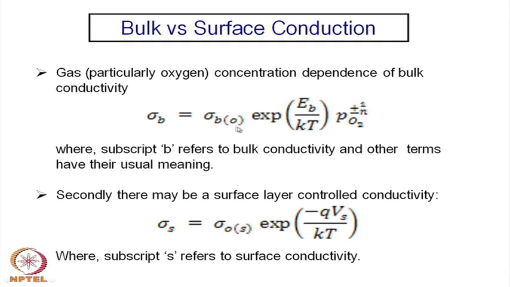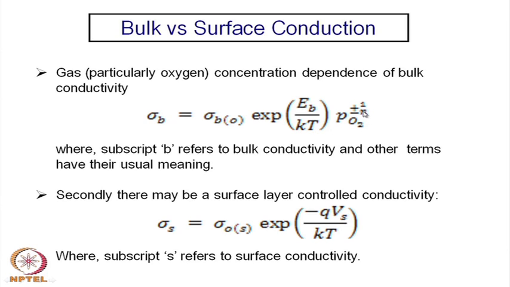That means the conductivity is not only dependent on the temperature by an Arrhenius kind of equation, but in addition you have PO2 to the power plus or minus 1/n. So, both PO2 and temperature control the conductivity, particularly the bulk conductivity, and there is an equilibrium between the oxygen potential or oxygen concentration in the environment and the oxide.